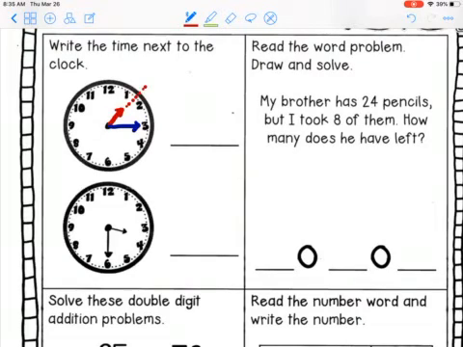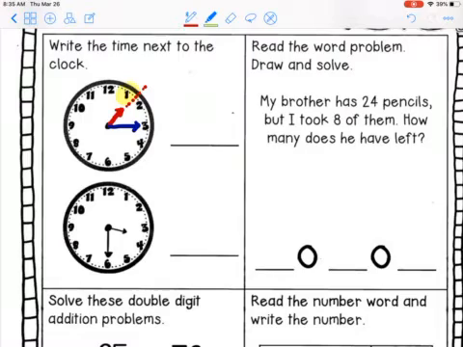If I extended my line out, I can see that that arrow is pointing between the 1 and the 2. Now when it points between two numbers, the hour that we're going to use is the one that comes first. So this is in the 1 o'clock hour because 1 comes before 2.